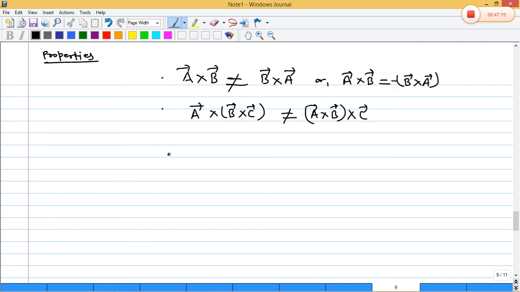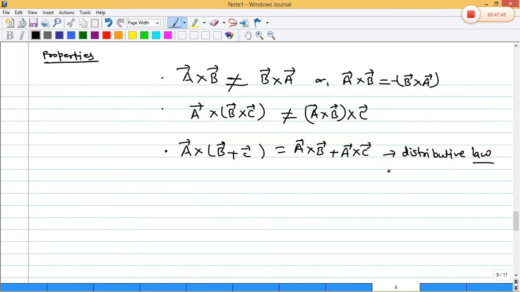Another property: if A cross (B plus C) is there, then we can simply write A cross B plus A cross C. This is the distributive law; it follows the distributive law.